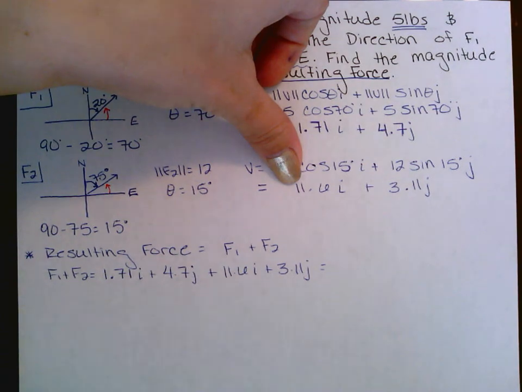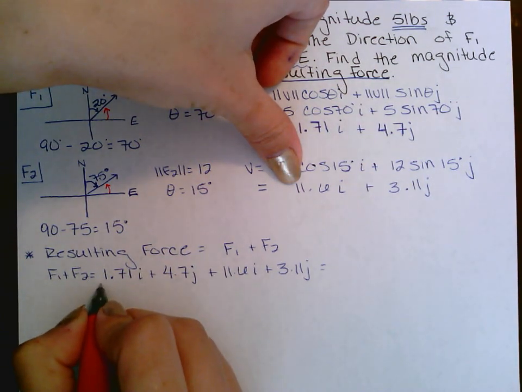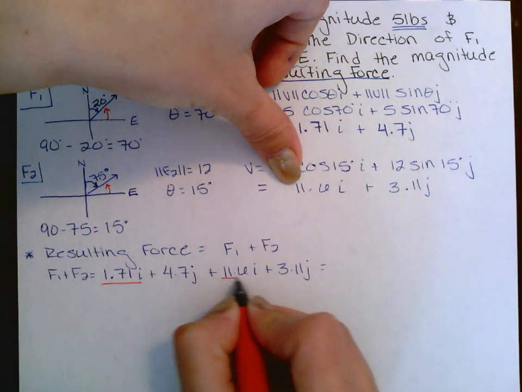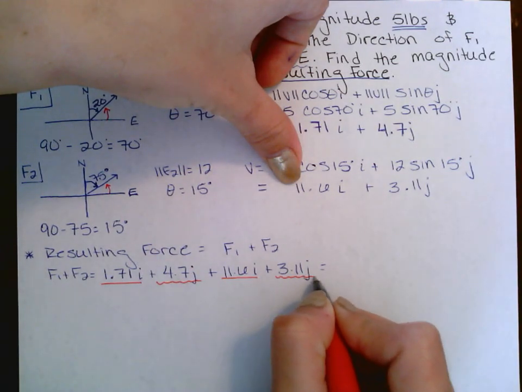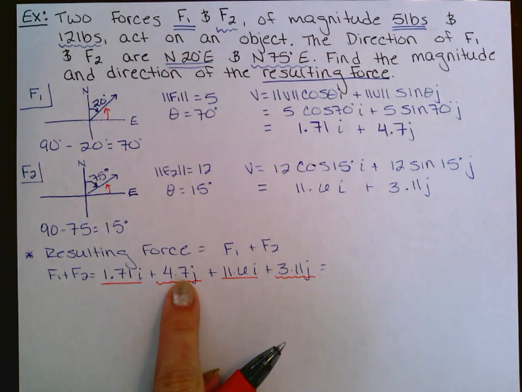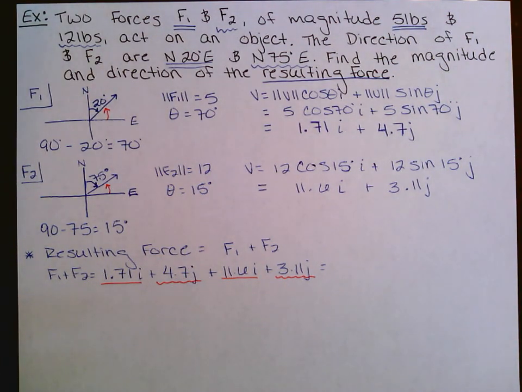Okay, and we are going to combine like terms. So here's my i's and here's my j's. If your decimal ends up being a little different than mine, maybe because you used more decimal places, which is a good thing, that is totally okay. Don't let it freak you out.